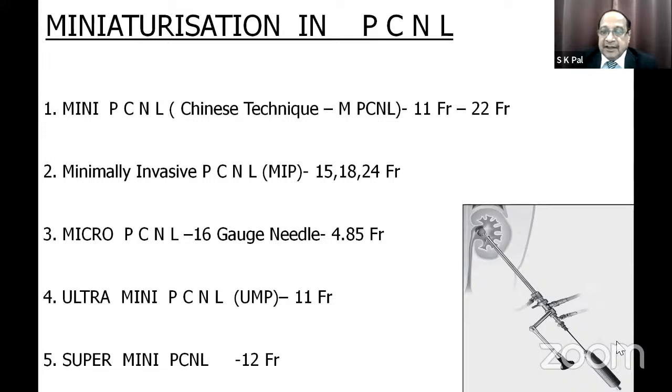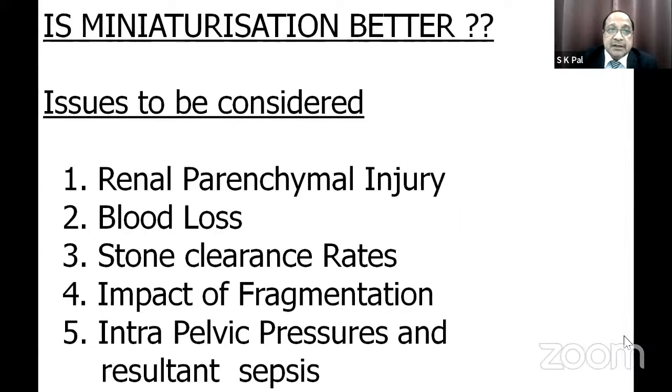Minimally invasive PCNL started in Germany by Odo Nagele, and micro PCNL again started in Germany. Ultra mini PCNL, our Janak Bhai, he started using an 11 French tract, and super mini PCNL with suction was started with Zheng in China once again.